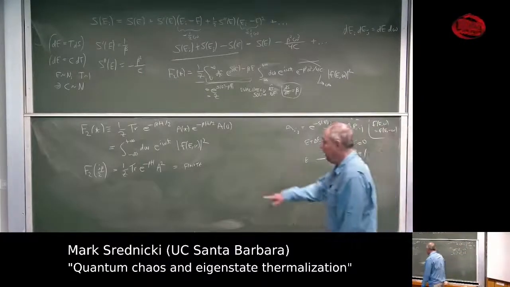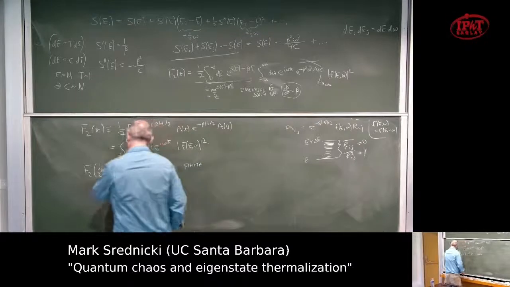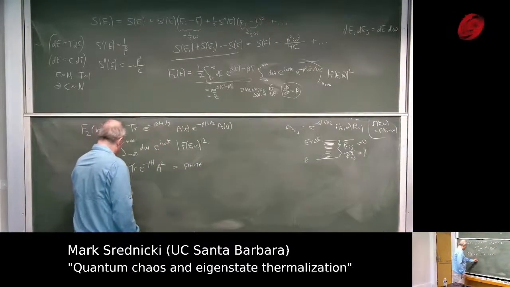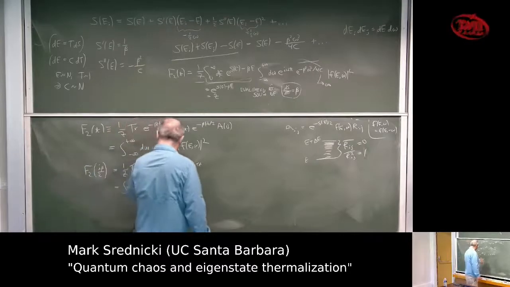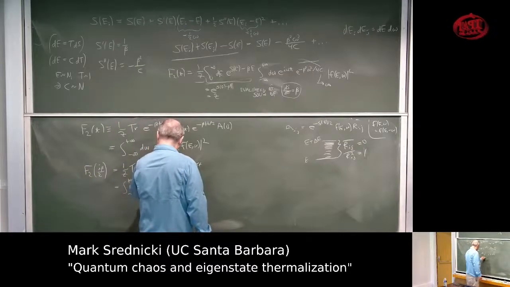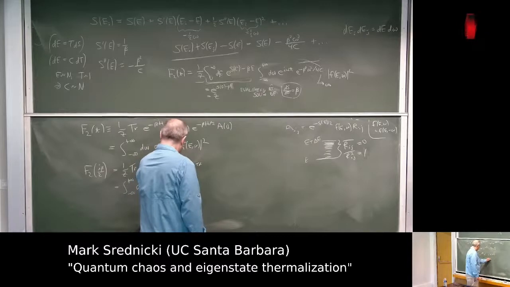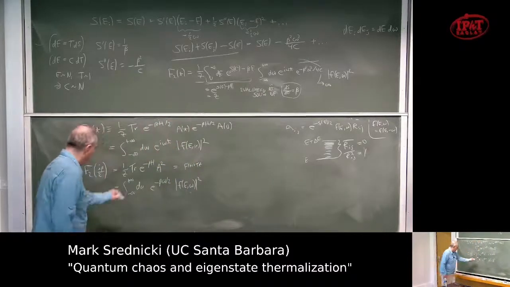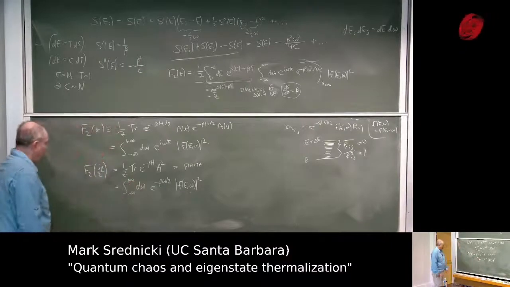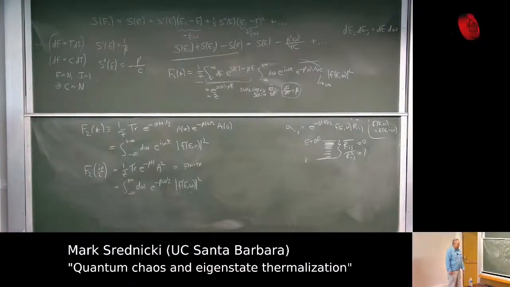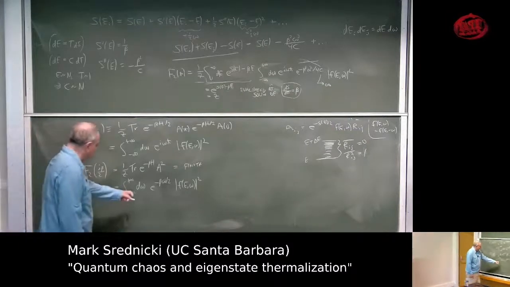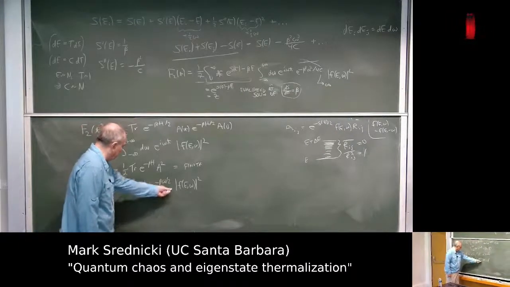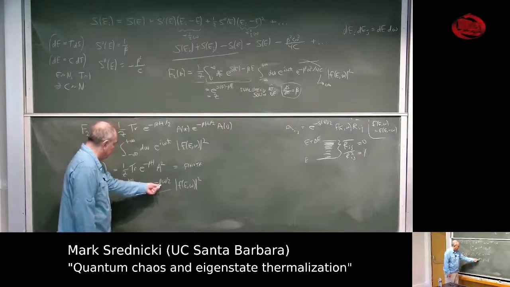Okay, but if I put that into my formula, we will get this. And so this integral should be finite. And if omega is negative, this is becoming exponentially large.